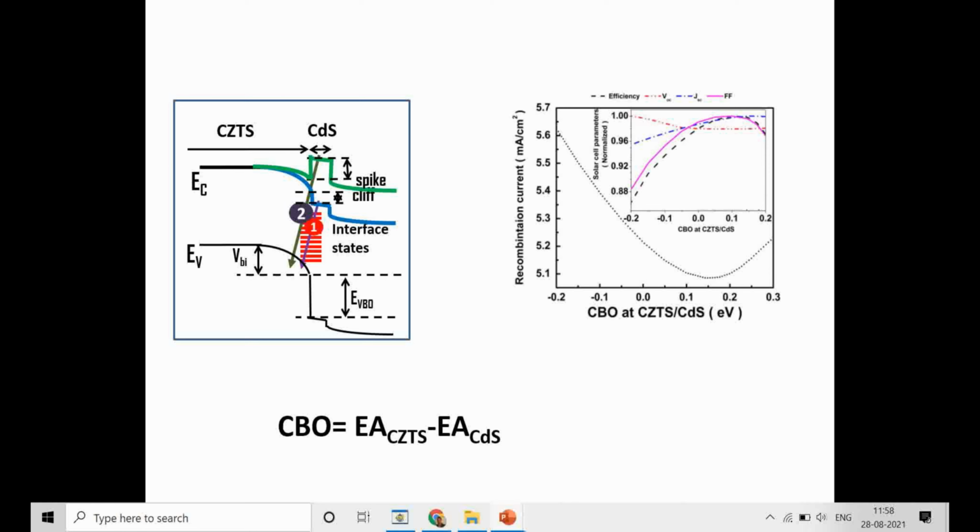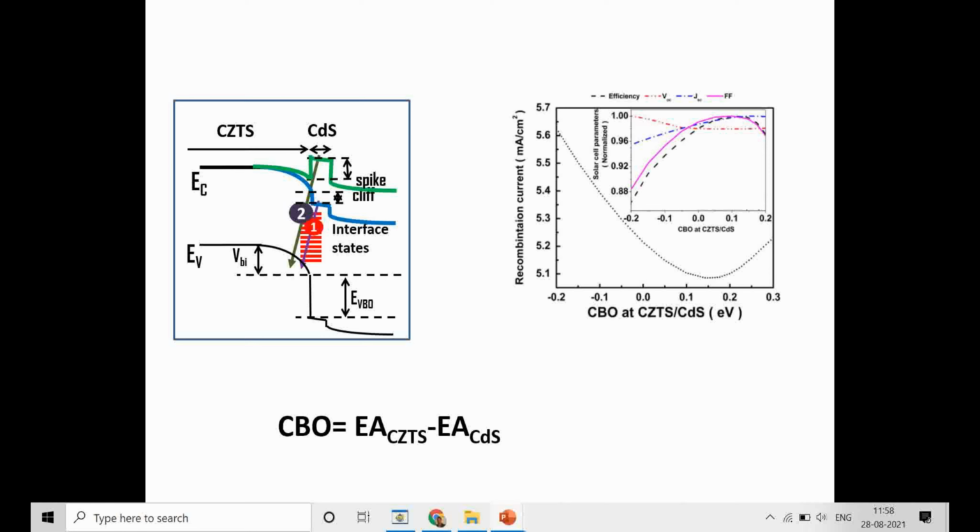One can do the same for recombination current also. The recombination current is minimized at positive conduction band offset. That tells us that this green type, barrier type behavior is suitable for lowering the interfacial recombination.